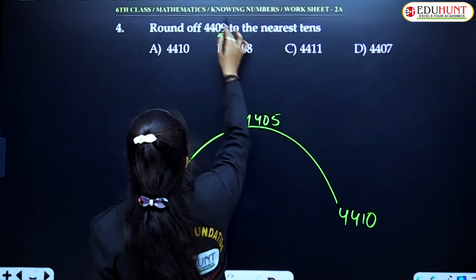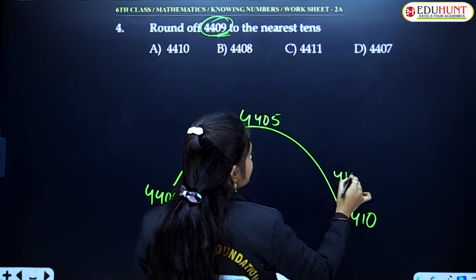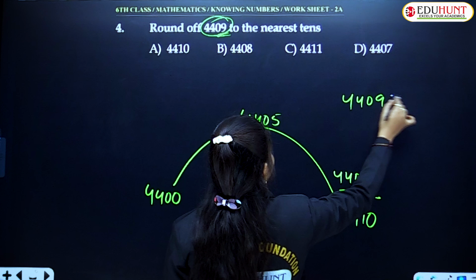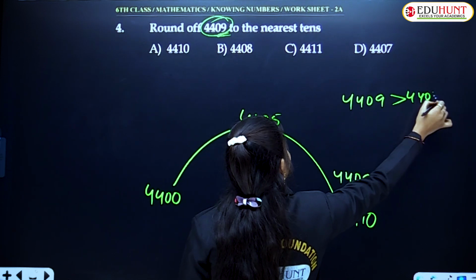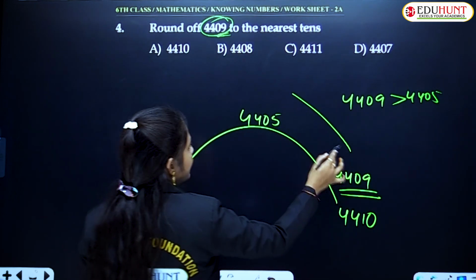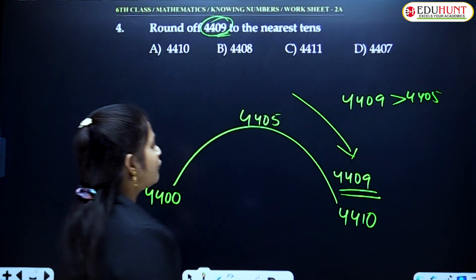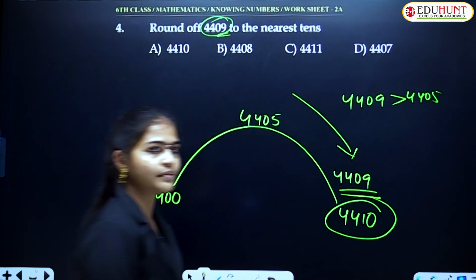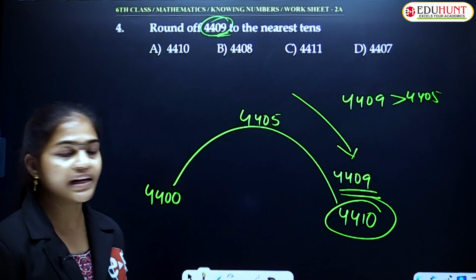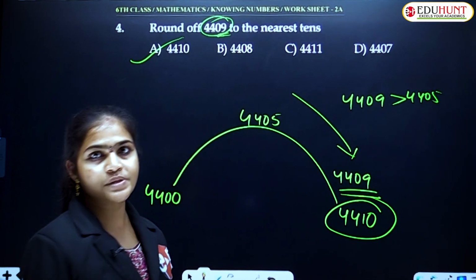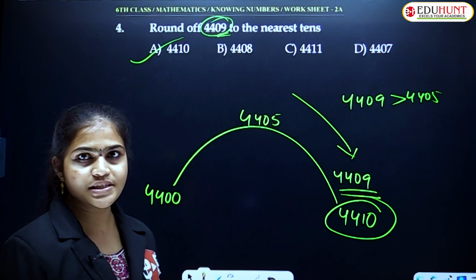Now what is the number they gave here? 4409, which means 4409 is greater than 4405. Which direction do you have to move now? Forward direction only. In that forward direction, what is the answer here? 4410. Which option is correct here? Option A is correct. Understood?